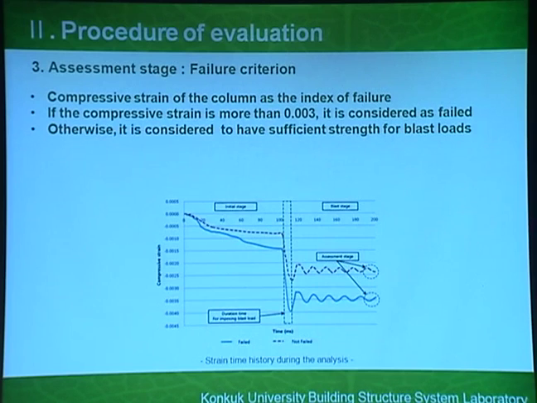The displacement increases very rapidly in the compression failure region, but the tension failure region means the column has a high value of bending moment and low value of compression. When this kind of initial condition is given, the failure mode is a tensile failure mode. For the tensile failure mode, the displacement is not distinctive, and we cannot determine whether the column has failed or not. So we use another index for failure.